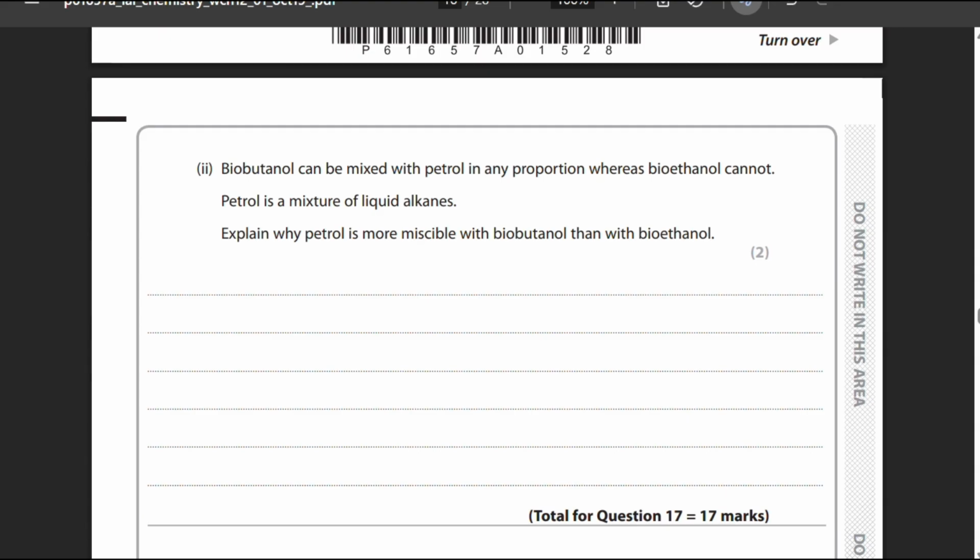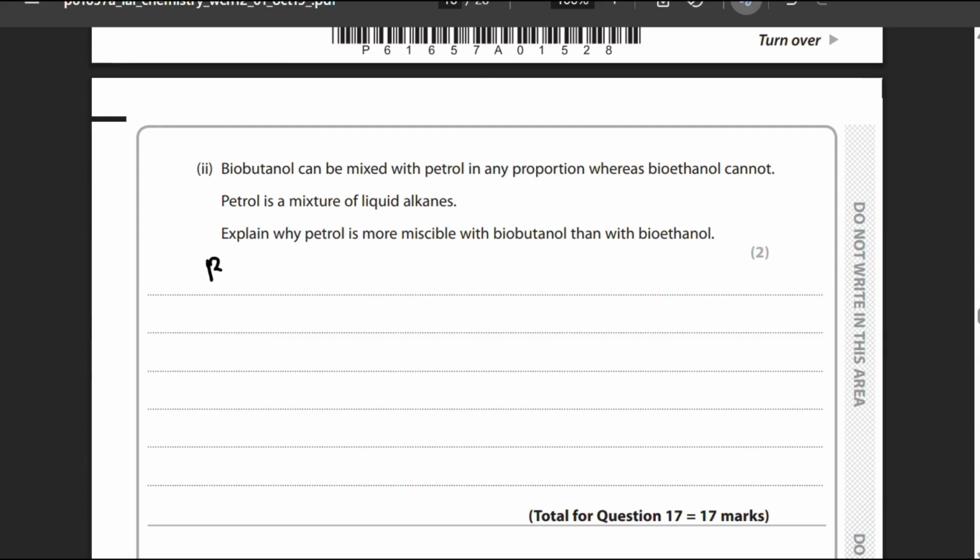So because biobutanol has a longer hydrocarbon chain, more electrons, so stronger London forces between biobutanol and petrol as compared to bioethanol and petrol.